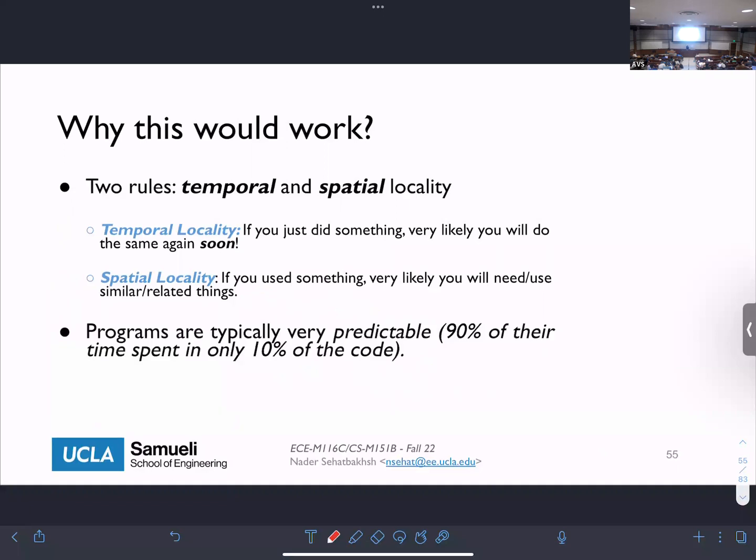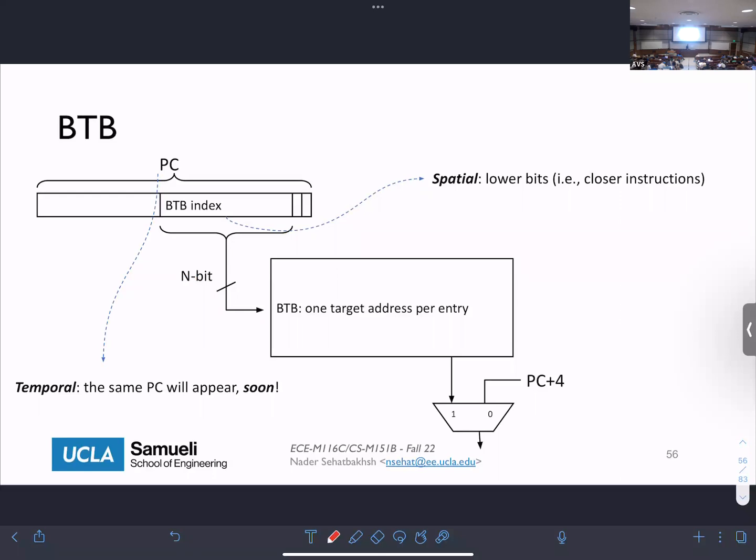I already talked about that. Interestingly, both of these are very commonly used in our programs, and based on that, this is the way that we're going to use our BTB. Think about the BTB as an array of lines, where each line holds one target address per entry.